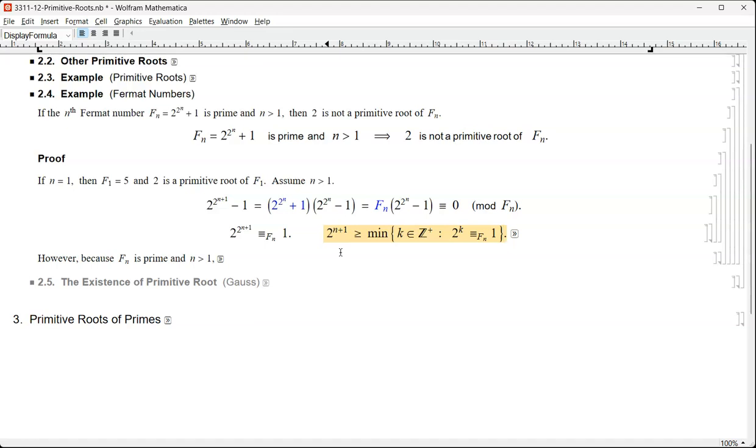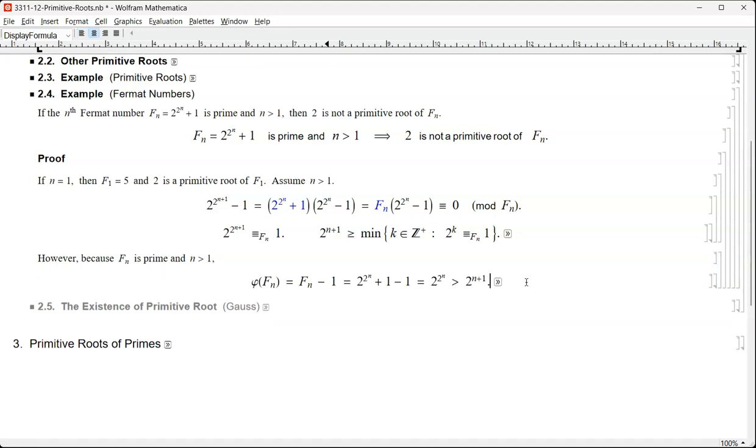Now let's change the viewpoint. Because Fn is prime and n is greater than 1, phi of Fn is Fn minus 1. And the Fermat number is 2 to the 2 to the n power plus 1. So minus 1 again, we have 2 to the 2 to the n power. And that's far greater than 2 to the n plus first power.